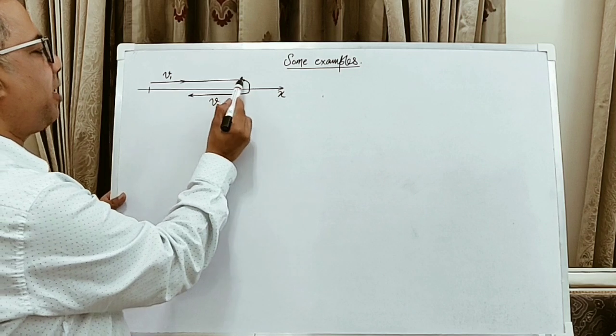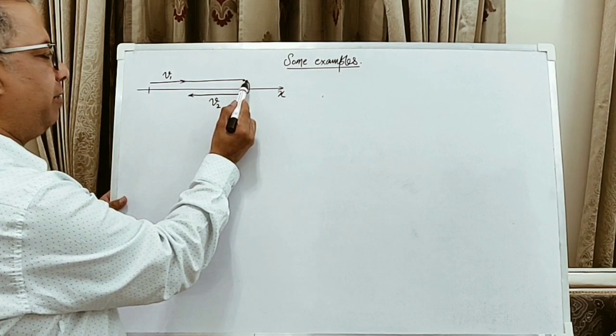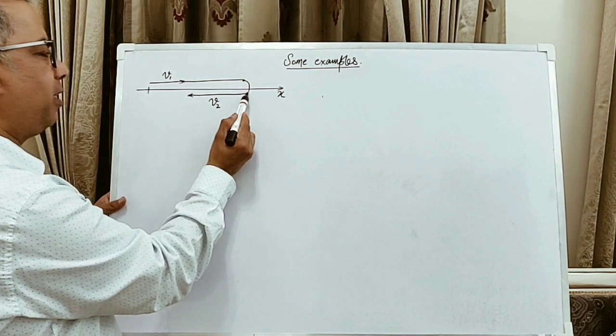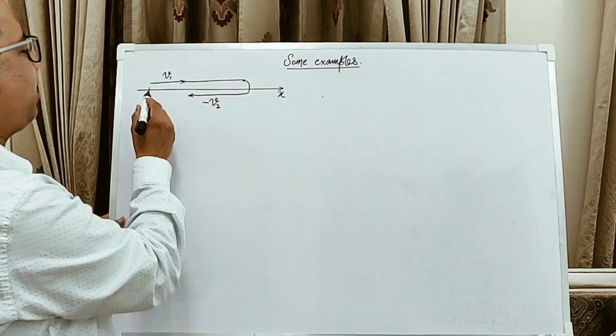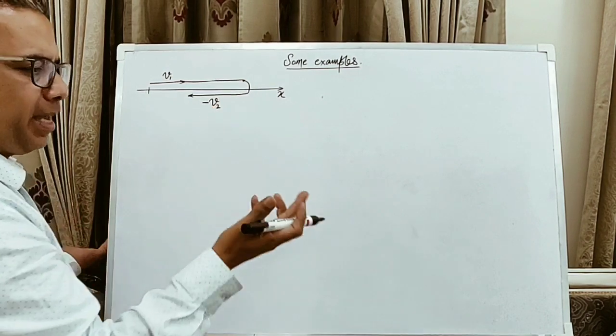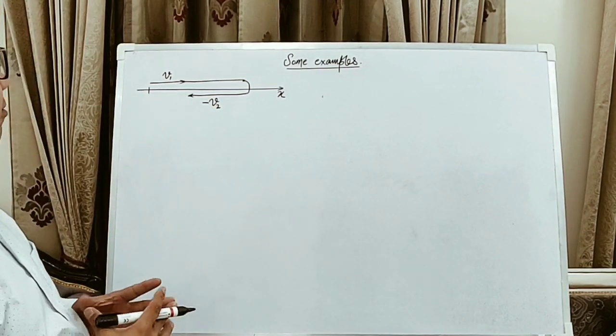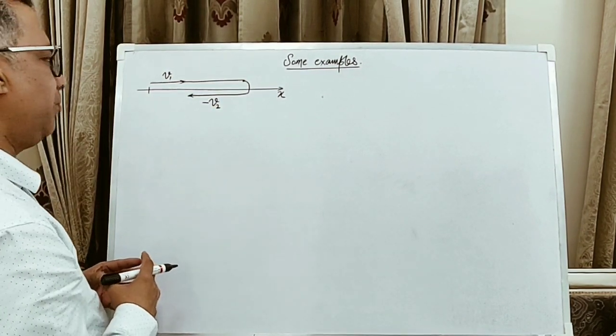So for half the time the velocity is v1, for the remaining half of the time velocity is minus v2. We are interested in calculating the average speed and average velocity during this motion.